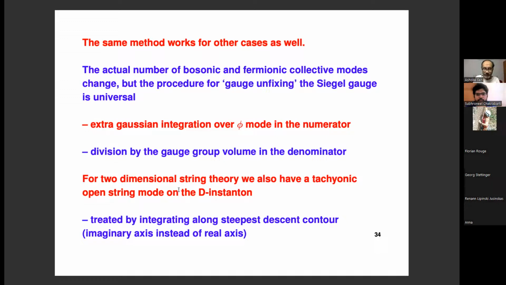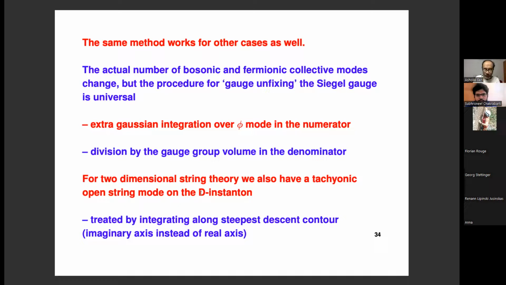But in the region where the string coupling constant, the dilaton, is very large, there should be some issue. I mean, we have no choice of where the instanton is in the Liouville direction.